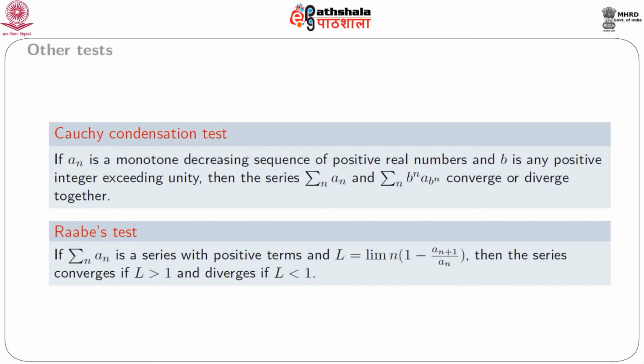Our next test is Raabe's test, where we assume that summation a_n is a series with positive terms, and L is defined as limit of n multiplied by (1 minus a_(n+1) by a_n). Then the series converges if L exceeds 1 and diverges if L is less than 1.